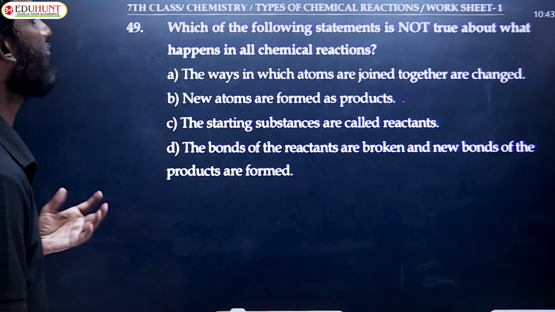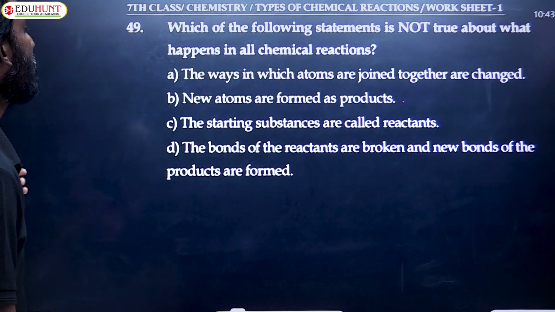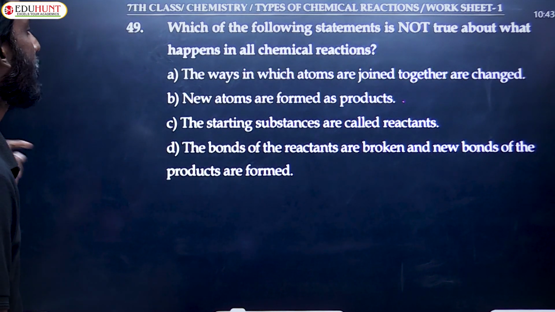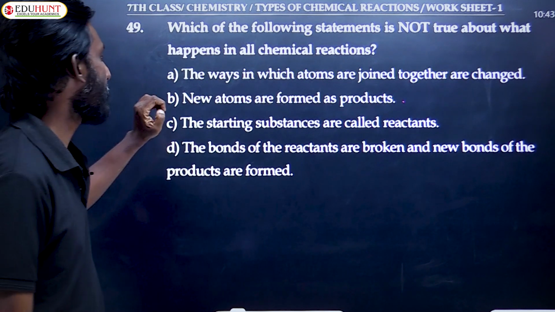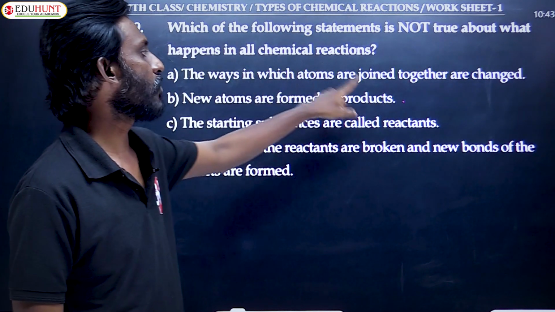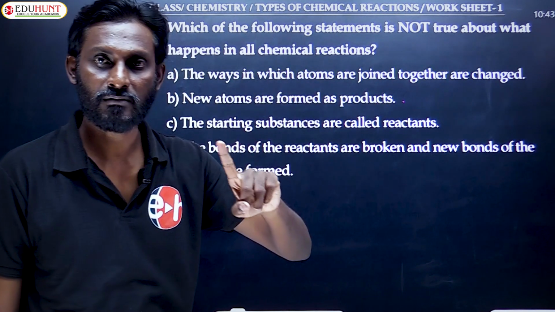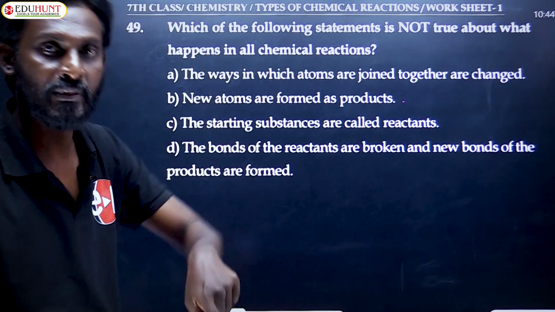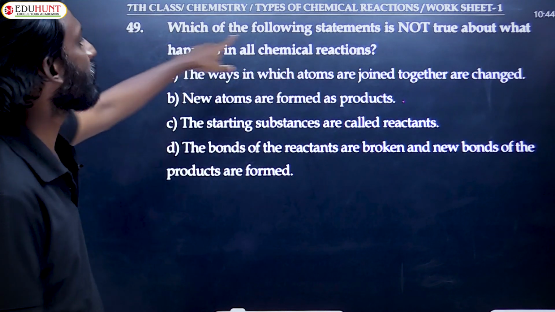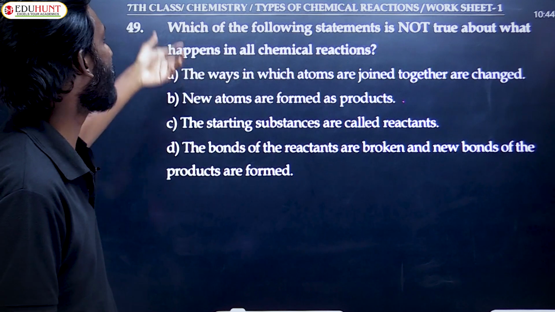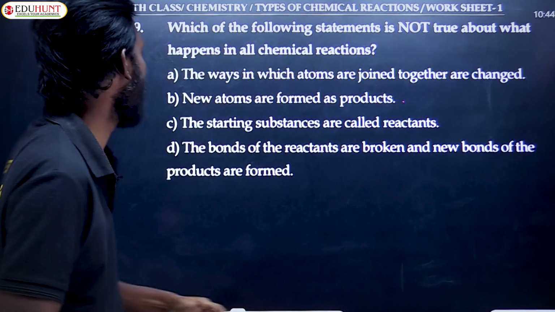Which of the following statements is not true about what happens in a chemical reaction? The way in which atoms are joined together is changed. Yes, that is happening in a chemical reaction.